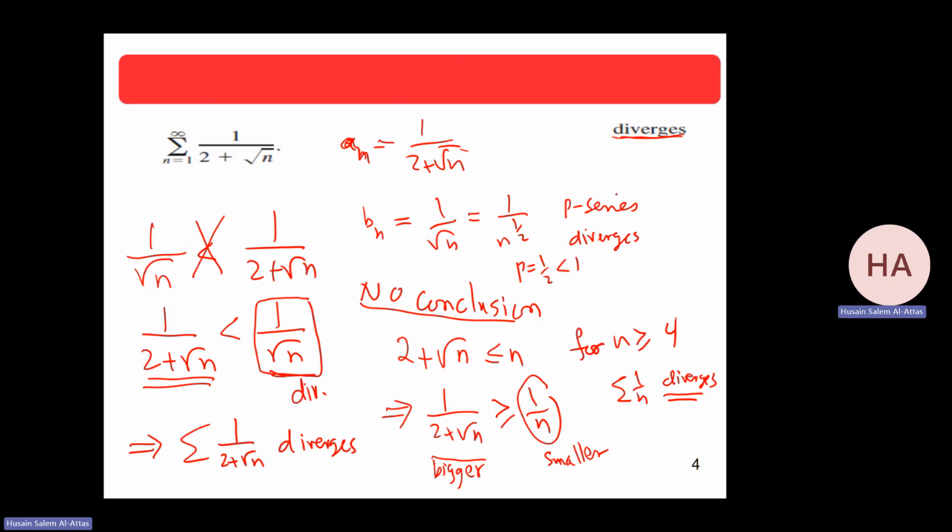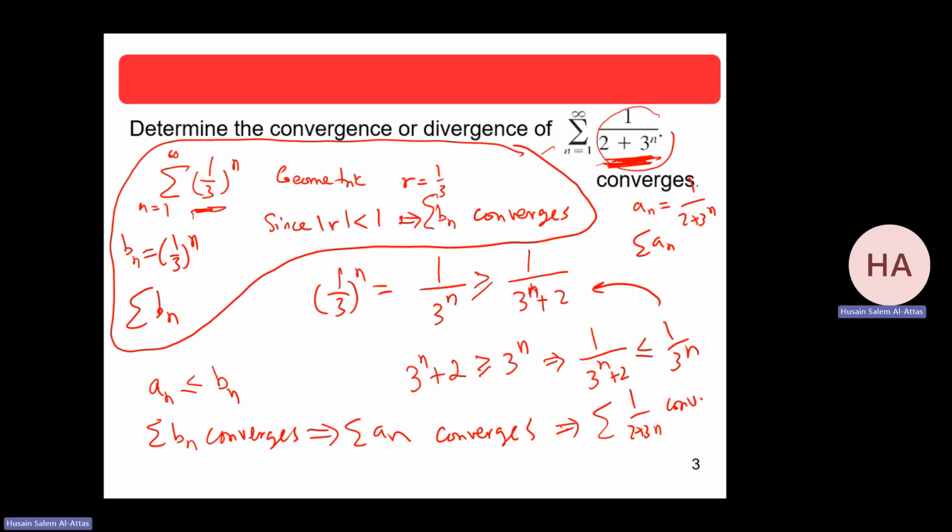In this one, we have the other way. Here, this is the bigger one and this is the smaller one. If the bigger one converges, then the smaller one converges.